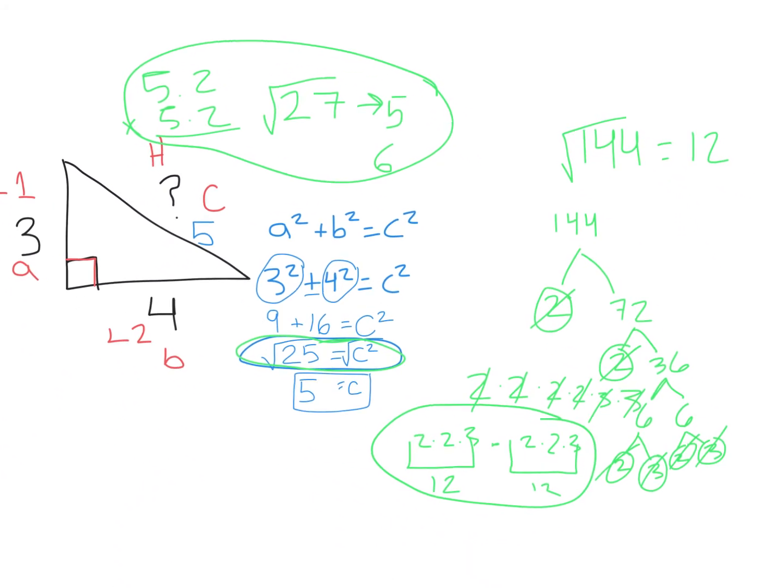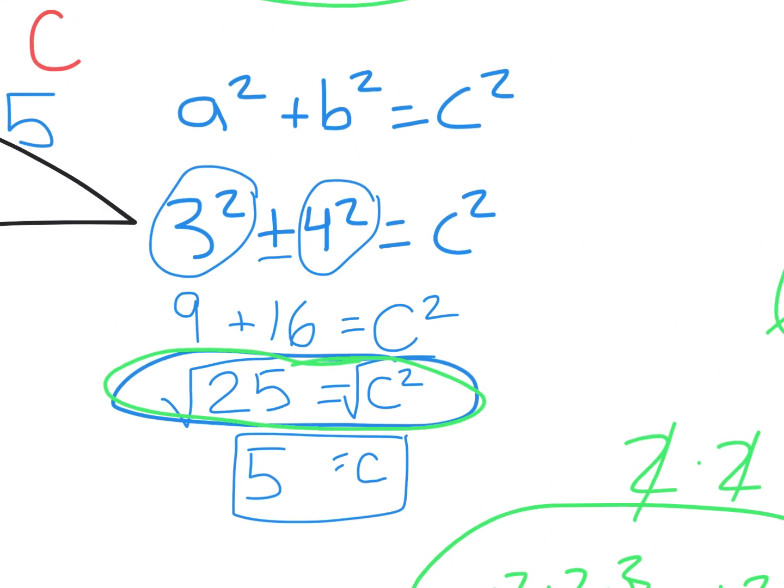So when you're working on Pythagorean Theorem and you get to this step where you say, okay, c is equal to the square root of 25, just go ahead and type into your calculator the square root of 25 and let it tell you 5 if that's not one that you know off the top of your head.